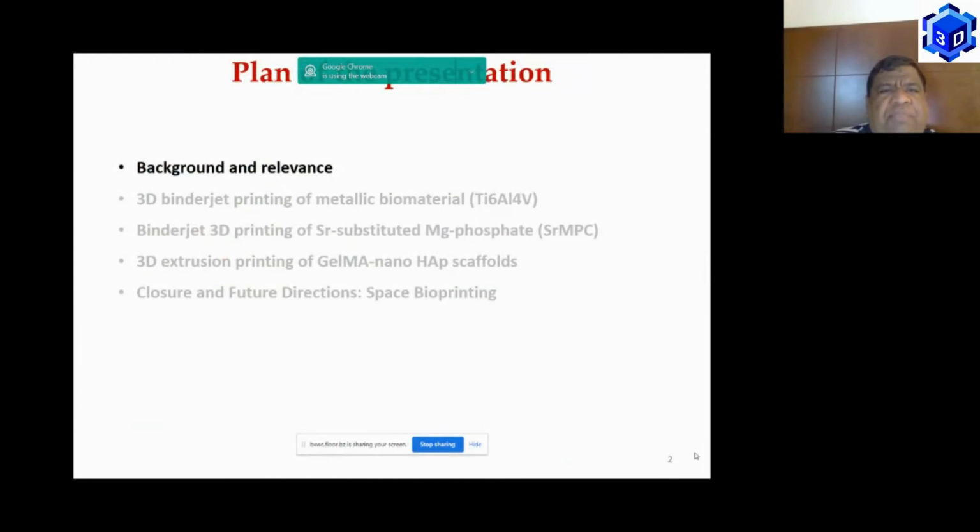So this is the plan of this presentation, which will include a little background and relevance, followed by 3D binderjet 3D printing that we have been doing for quite some time now on metallic systems as well as ceramic systems, and third, that I would like to highlight the 3D extrusion printing of GelMA, gelatin methacrylate, and nanohydroxyapatite.